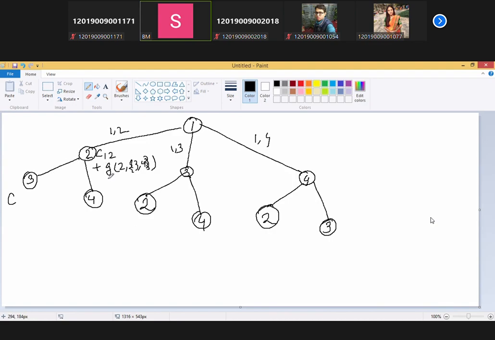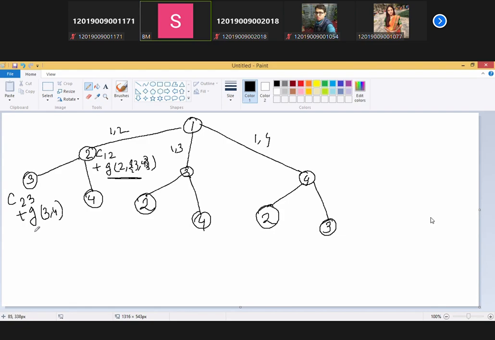So 2, 3 means when you are taking these two, you are at this one. So this will be for 2, 3, 2, 4. Okay, this is for 2, 3, 2, 4. So here it is for only 2, 3. So you take C23 plus G of 3, {4}, G of 3, 4.